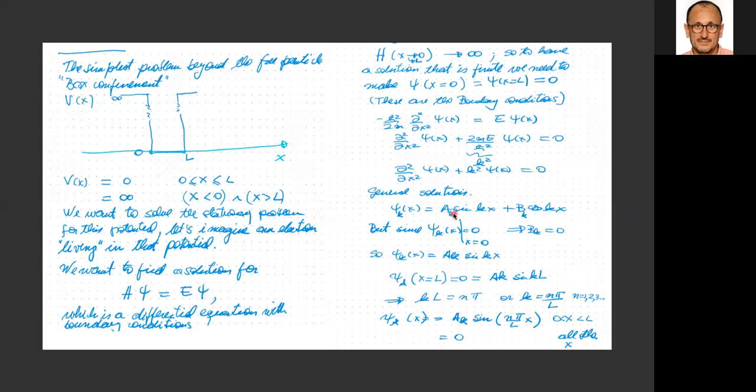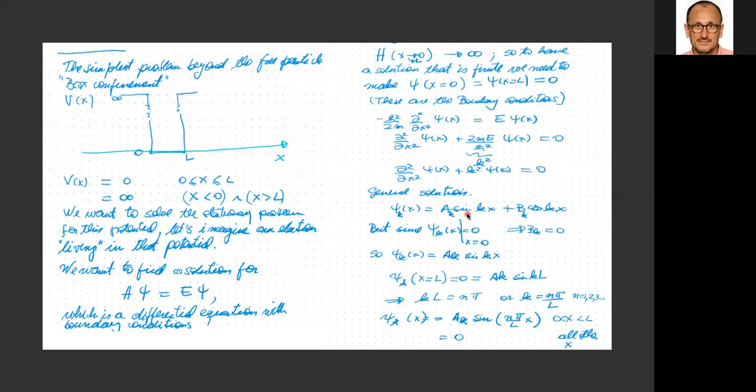When x equals 0, this is 0, no problem, because the sine of 0 is 0, but this guy is 1. So if this guy is 1, the value of phi at x equals 0 is equal to B_k. So this boundary condition implies that B_k must be 0. So the cosine is not a solution to this expression.